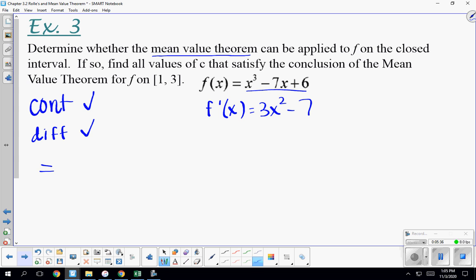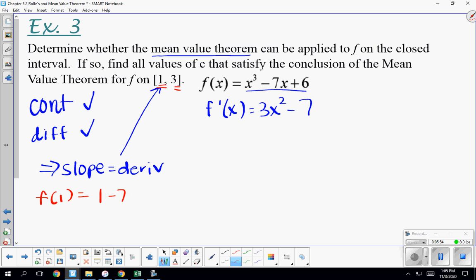And now what we have to do is we have to take our slope and set it equal to our derivative. And we're going to get some answer that has to be in this interval. So we have our derivative already. Let's find our slope. We need two y values. So we're going to plug in 1 and 3. So f of 1, we're going to get 1 minus 7 plus 6, or negative 6 plus 6 is 0.